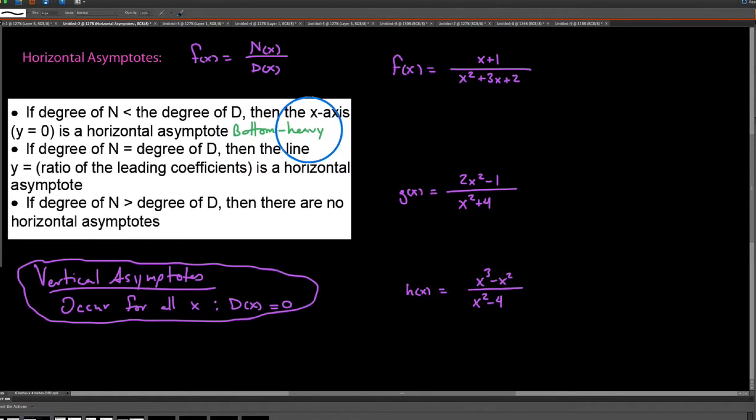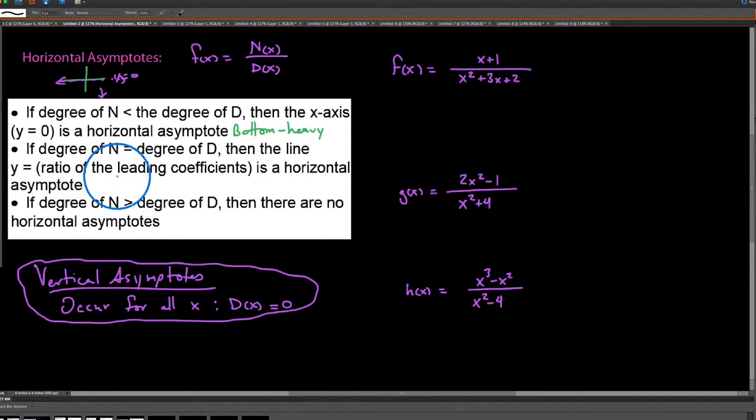So if you ever have a degree bigger on the bottom than it is on the top, then we already know our horizontal asymptote is just going to be the x-axis, or y equals 0 in this particular case. We say if the degree of n, the top one's degree, is equal to the degree of d, the bottom expression's degree, then the line y equals the ratio of leading coefficients is the horizontal asymptote.